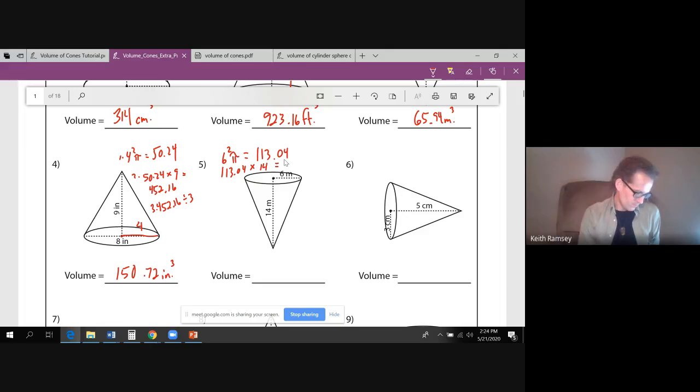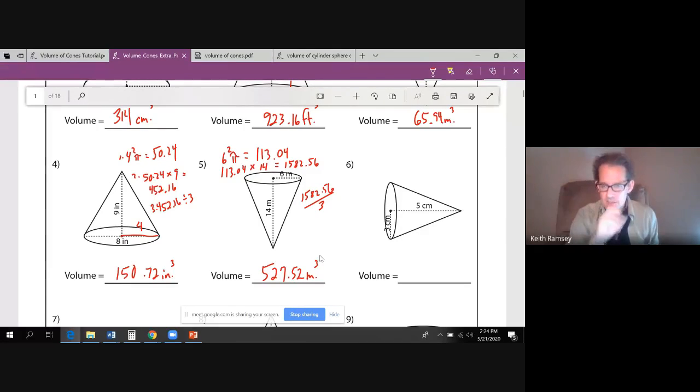I got 1,582.56. And then the last step is to divide that by 3. So 1,582.56 divided by 3 is going to give us a volume of 527.52 cubic meters for number 5.